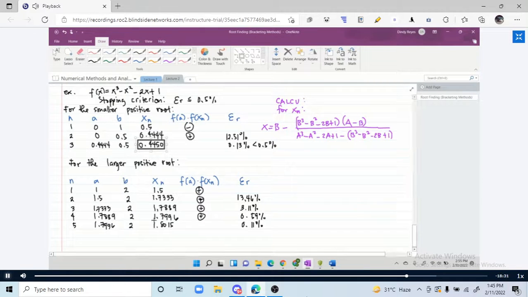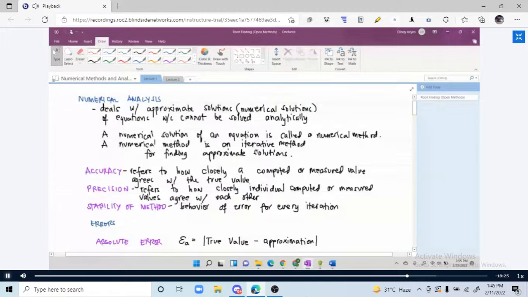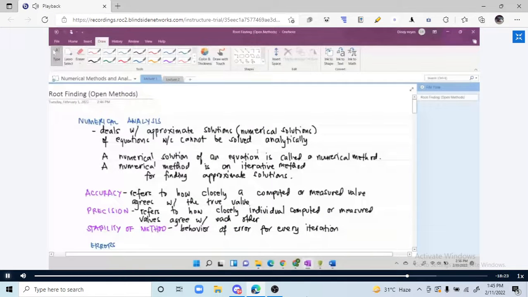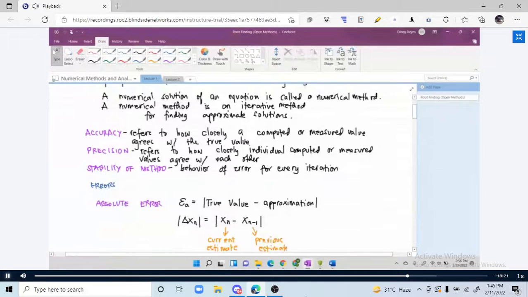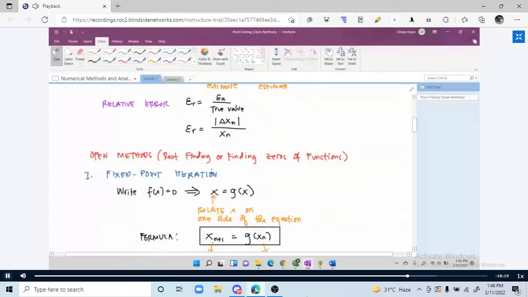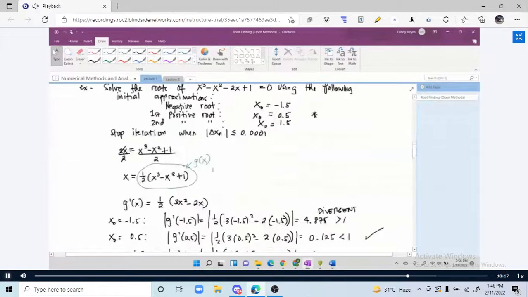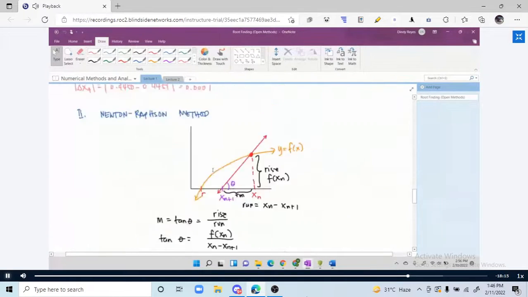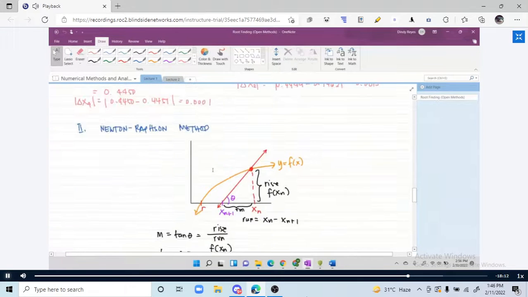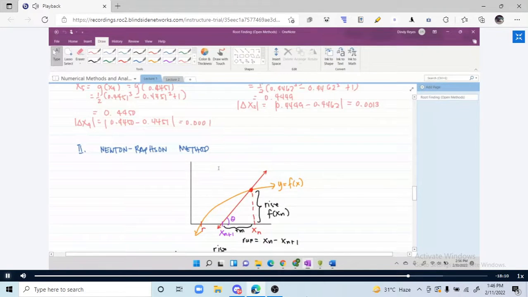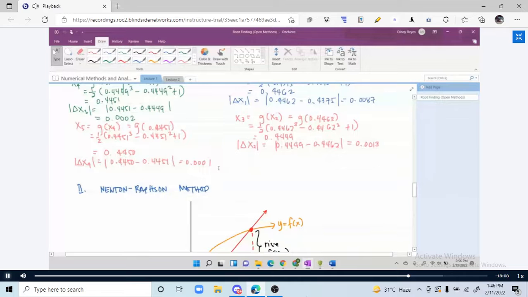That is regular fallacy. And that is actually all for root finding methods. No? You have learned three root finding methods, 3 of which are open methods. The first one is yung fixed point iteration. The second one is Newton-Raphson method, which is the fastest to converge, especially for this particular example that we had, the polynomial function.